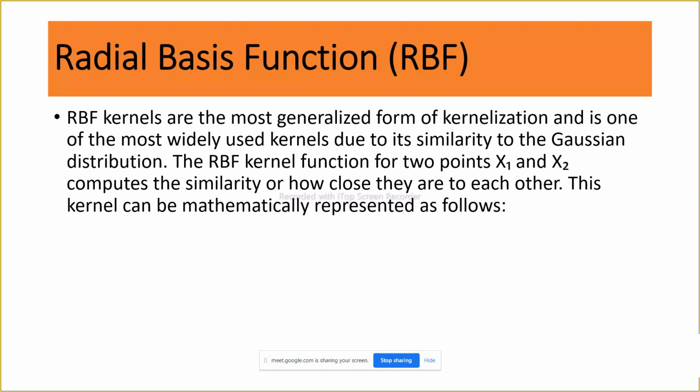Suppose in this example you have two points, x1 and x2. You compute the similarity for how close they are to each other, then we can use this equation. In this case x1 is one pixel value, suppose water, and x2 is another pixel value, suppose built-up area. I can use this equation and easily make the model for the radial basis function for only two classes.